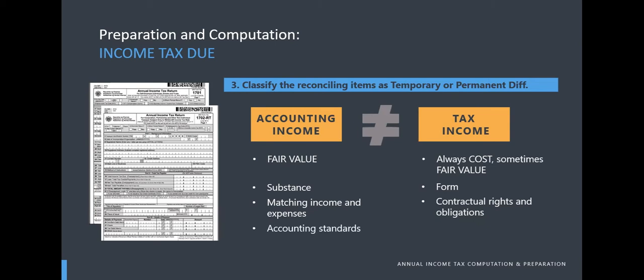So accounting income basically is based on accounting standards. We have the frameworks, the financial accounting standards that it follows. While tax income, obviously, is based on the tax laws. So we have the tax code.